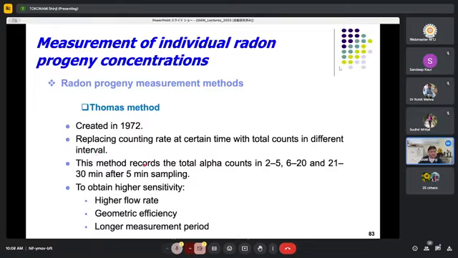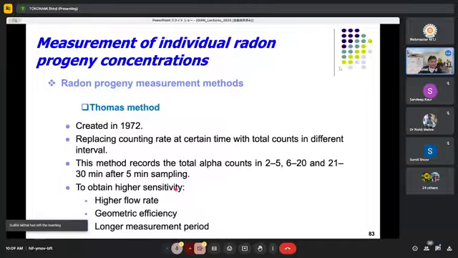This method records the total alpha counts in 2 to 5, 6 to 20, and 21 to 30 minutes after 5 minutes sampling. In order to obtain higher sensitivity, we have to get a higher flow rate, geometric efficiency, and longer measurement period.